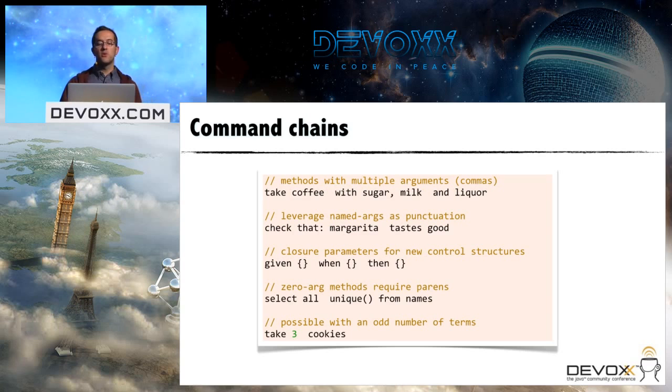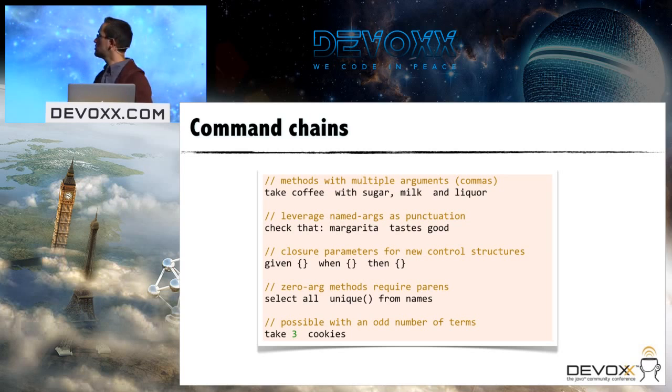For the first example, you can see that I can use several arguments for the with method. So there's a comma to separate both arguments. In this case, it's interesting because visually, you see the colon, which kind of separates check that and margarita tastes good. But the actual named parameter is that colon margarita. For closures, it's quite simple. You just put the parentheses around the curly braces.